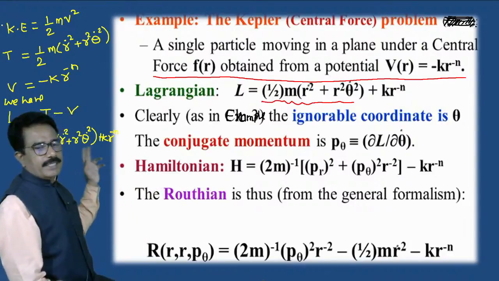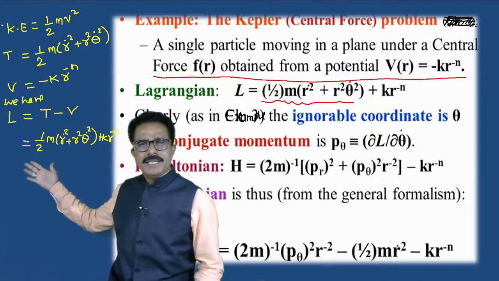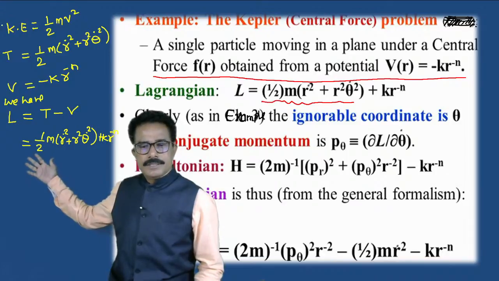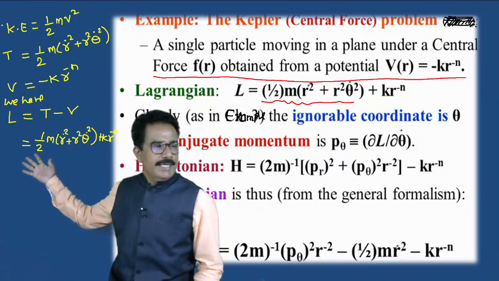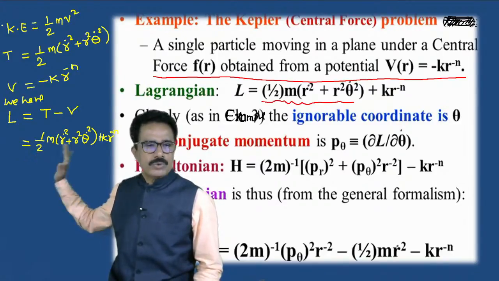We can obtain the Lagrange's equation of motion according to this, that is d by dt of dou L by dou theta dot minus dou L by dou theta, which is equal to 0.